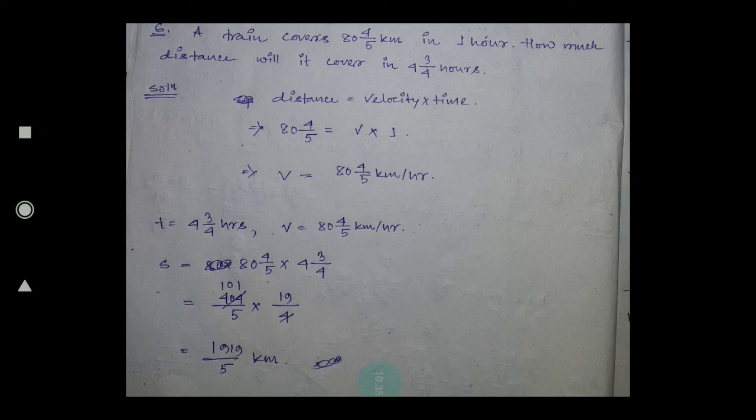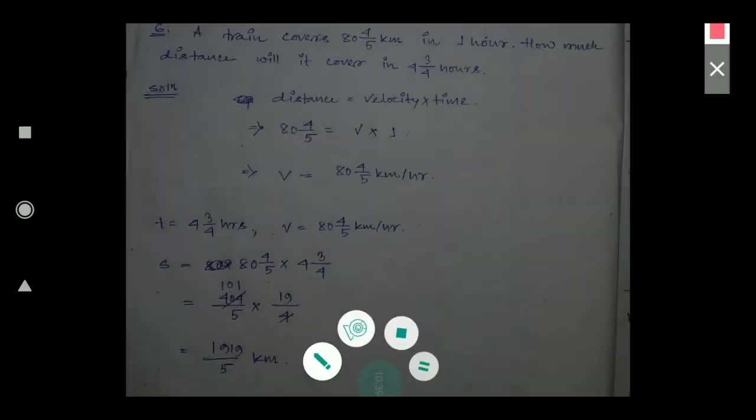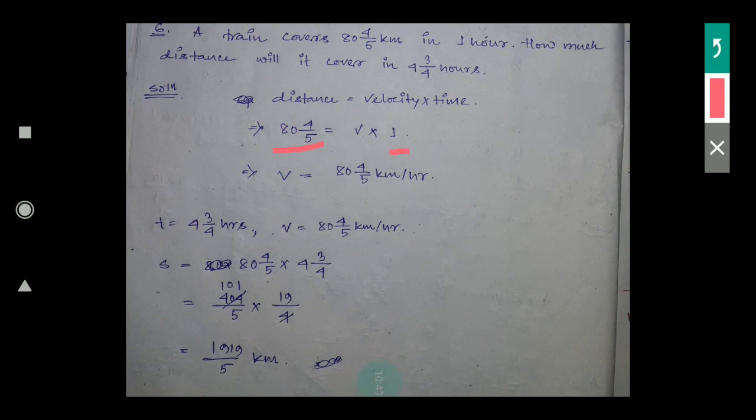First I put the value of the distance here and the time is 1, so I have got the velocity. Now we need to find how much distance it will cover in the given time. The speed of the train is this and the time is this, so with this you can find the distance again, by applying the formula.